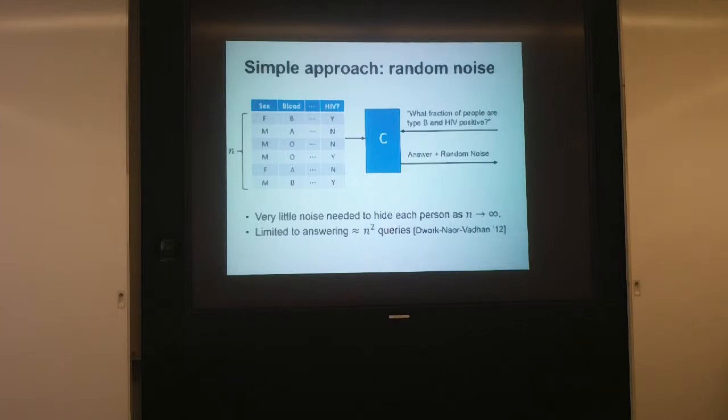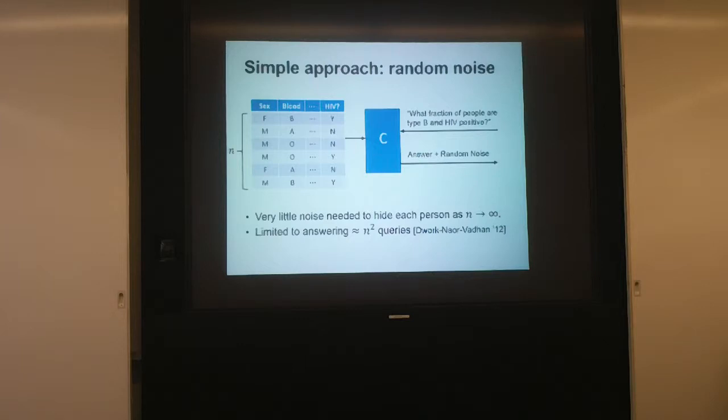The reason this is not a satisfactory solution in general is you can have queries that are effectively the same, but don't look the same. You can have the same queries in disguise.